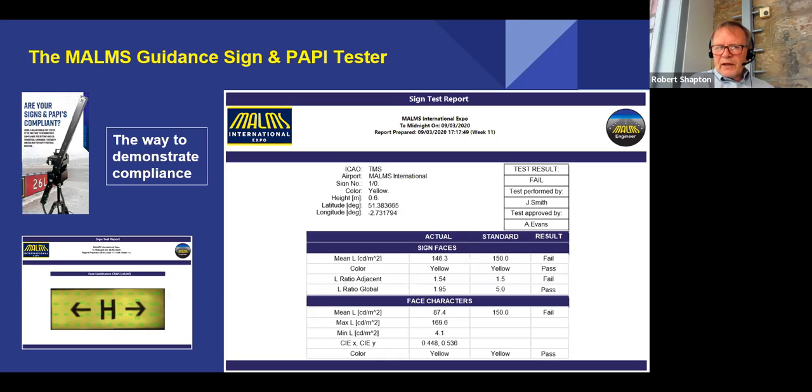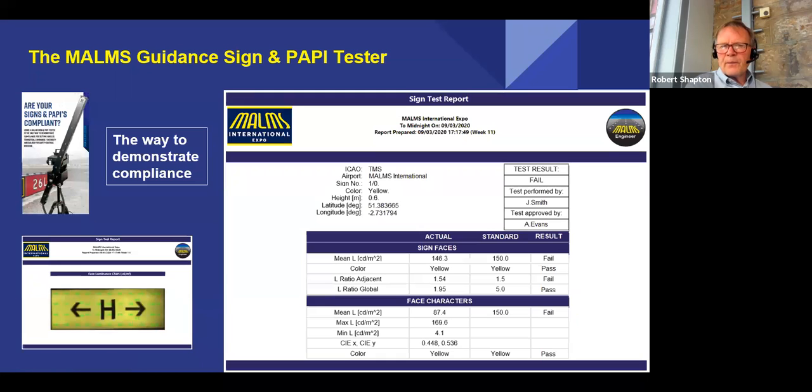We also measure the color, so you can see the XY coordinates of the yellow, and that is compliant as well. And the face character is yellow, as you can see, from the standard of 150, and it's failed because it's only 87.4. So the actual face character is quite poor in terms of luminance.